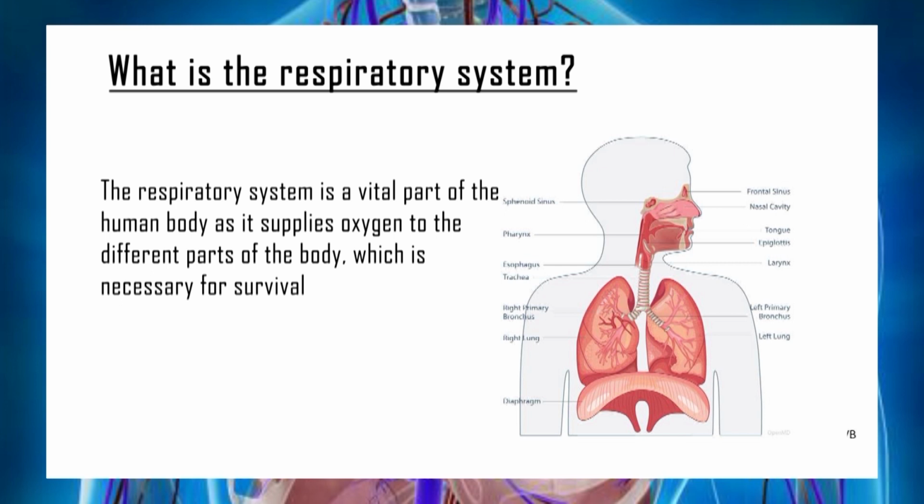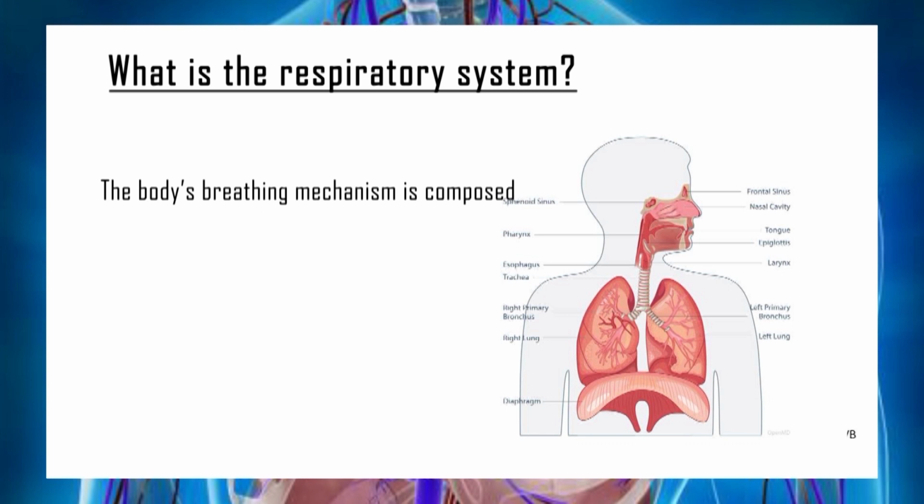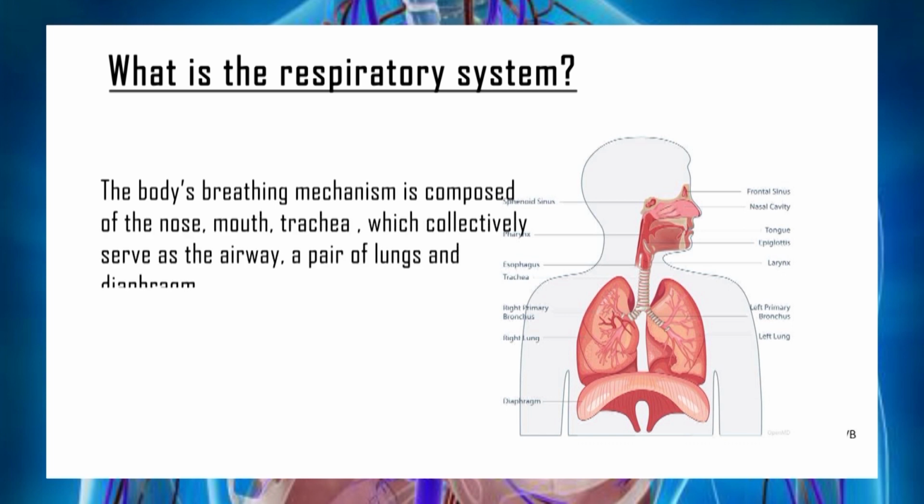This gas exchange is also called breathing or external respiration. The body's breathing mechanism is composed of the nose, mouth, and trachea or windpipe, which collectively serve as the airways, a pair of lungs and the diaphragm.